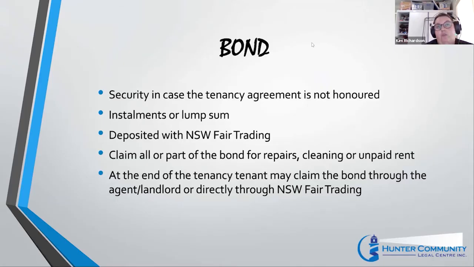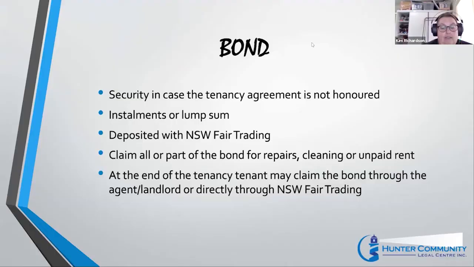Fair Trading will then give you written notice that the landlord or the agent has made the claim. And then if you dispute that claim, you then have to make an application to NCAT for an order to pay out all or part of the bond to you within 14 days. So that's the same requirement for a tenant as it is for a landlord if there is a dispute about payment of the bond.